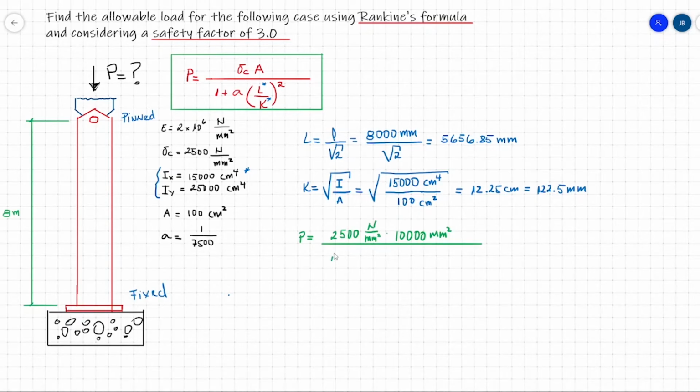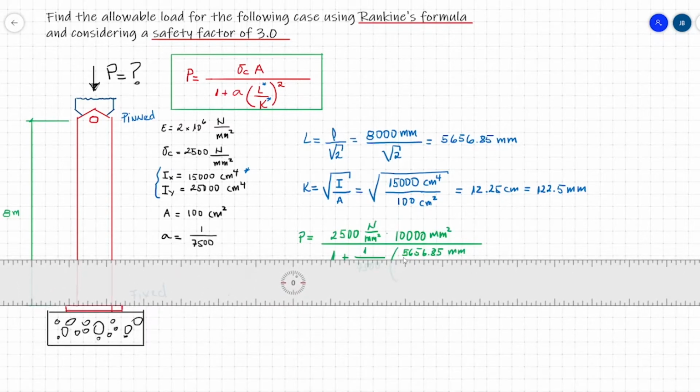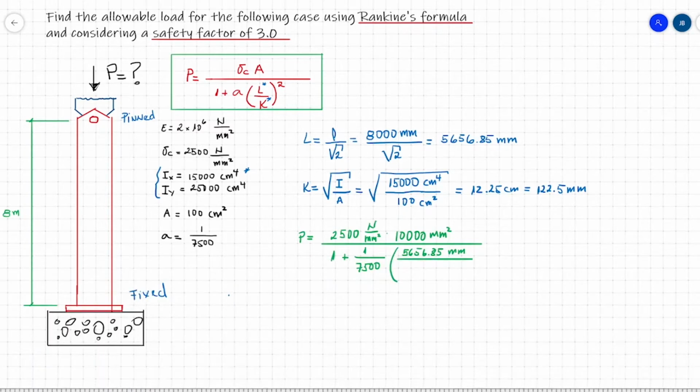And then that's going to be divided by 1 plus the A coefficient, which is 1 divided by 7,500, times the slenderness ratio squared, which is 6.85 meters in millimeters, divided by K, which is 122.5 millimeters, and this squared.